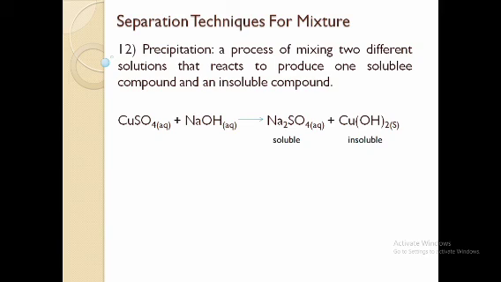For example, when a solution of copper(II) tetraoxosulfate(VI) is added to sodium hydroxide, a soluble sodium tetraoxosulfate(VI) solution is noticed, and an insoluble copper(II) hydroxide, which is also known as what?